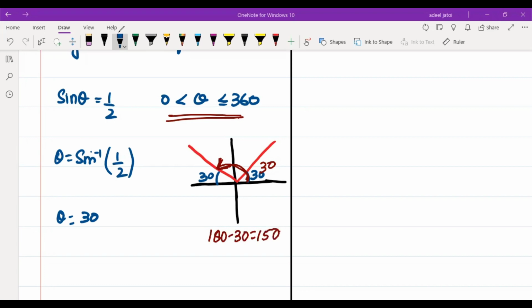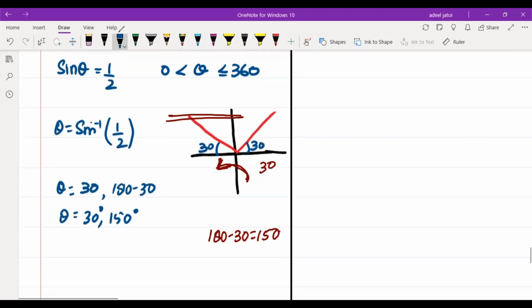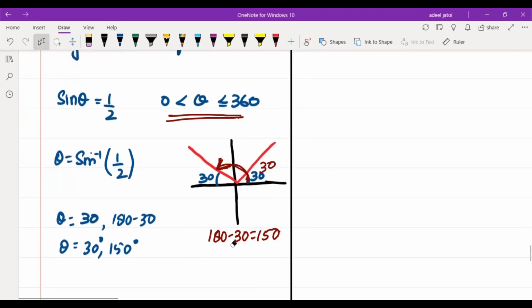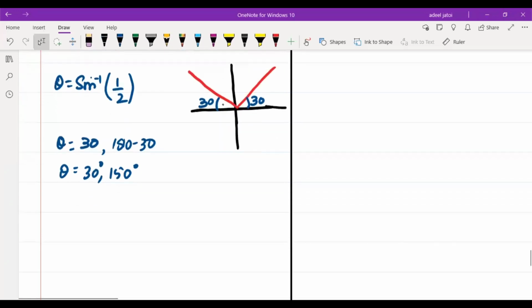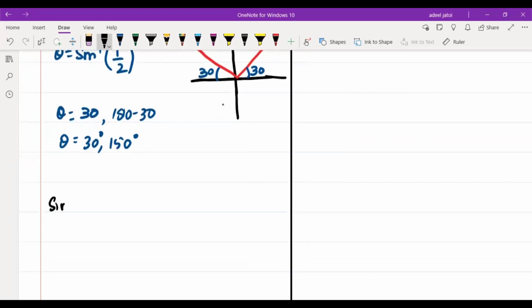So these are the two angles of sine theta is equal to 1 upon 2 for theta greater than 0 and less than or equal to 360.